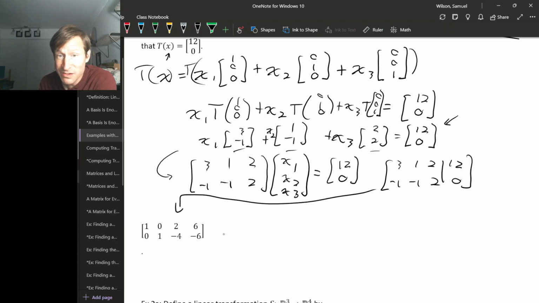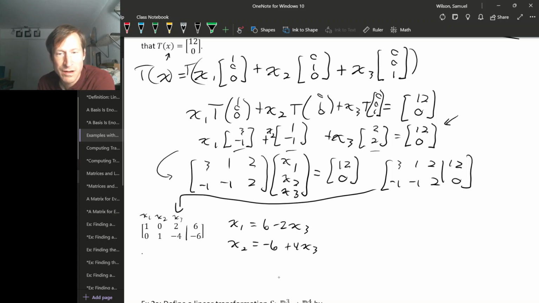Now we can interpret this in terms of x1, x2, and x3. Sorry, this is for x1, this is for x2, this is for x3, this is the augmented column. So this is saying that x1 is 6 minus 2x3, x2 is minus 6 plus 4 times x3, and x3 is free.